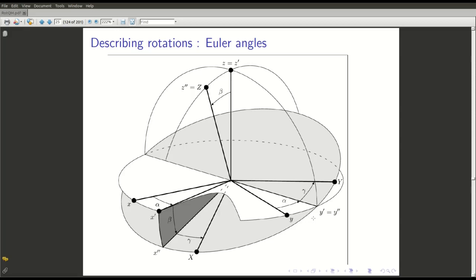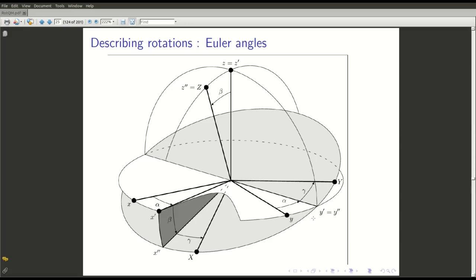Now, if you remember what you studied in your classical mechanics course, you may be feeling slightly confused, because in classical mechanics, almost certainly what you were taught is that the first rotation is going to be about the z-axis, as here. The second one is going to be about the new x-axis, x prime, and the third one is going to be about the new z-axis.